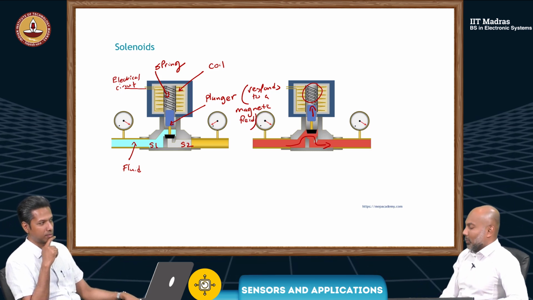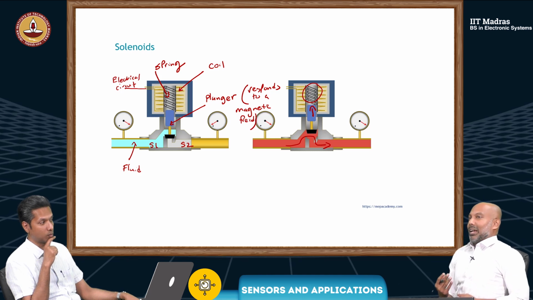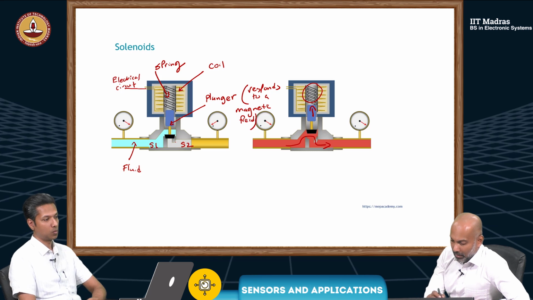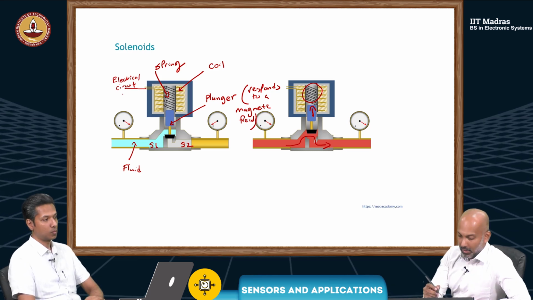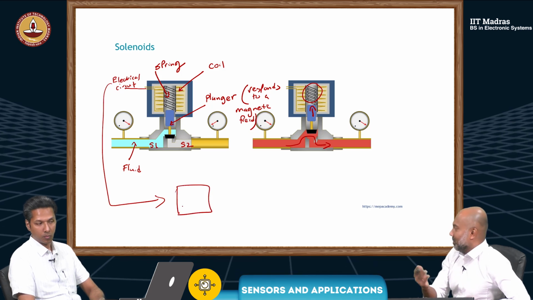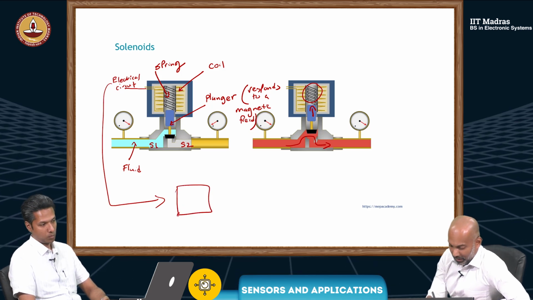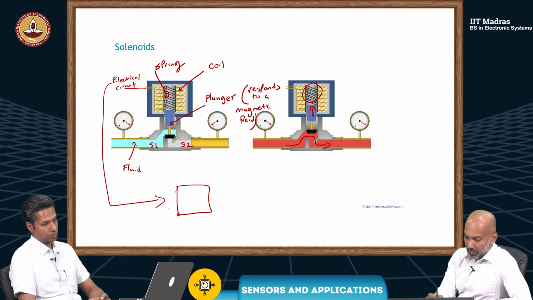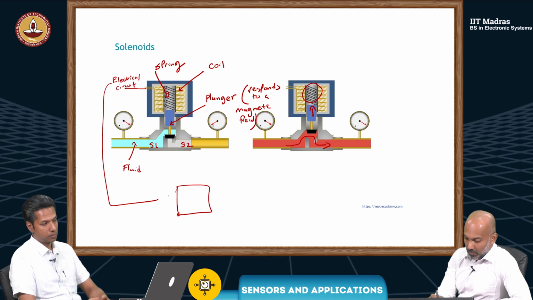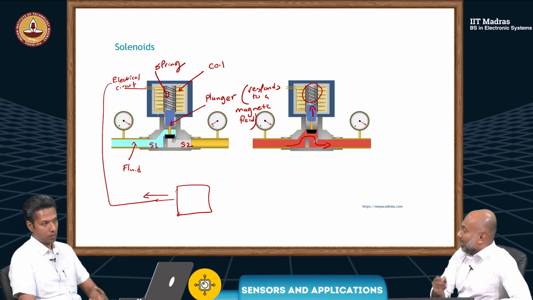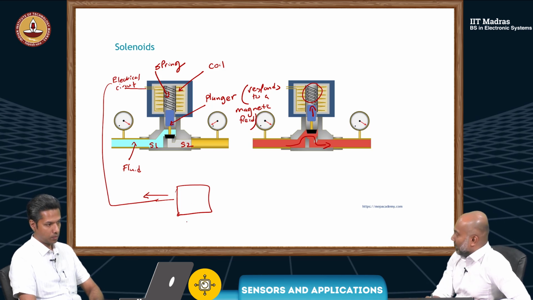But what if I told you, I cannot think of an application, but imagine the electrical circuit is connected to something here, let's say a black box. The input signal to provide a current to the coil is given by this black box.